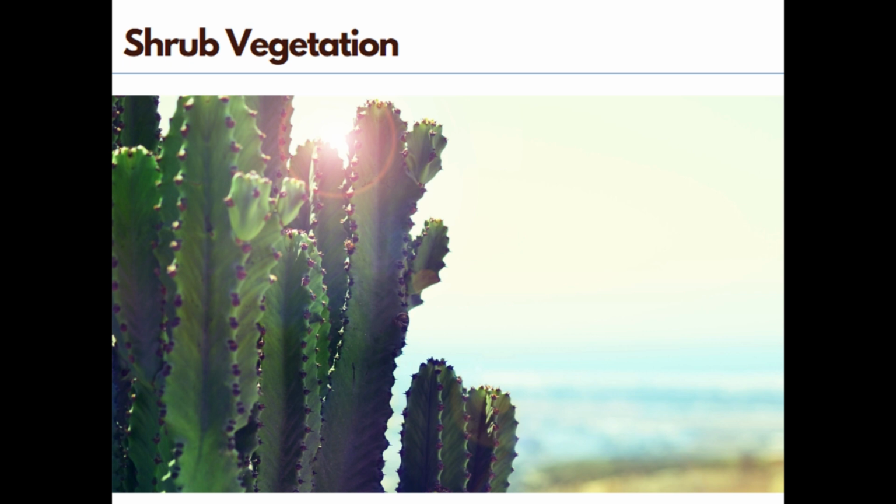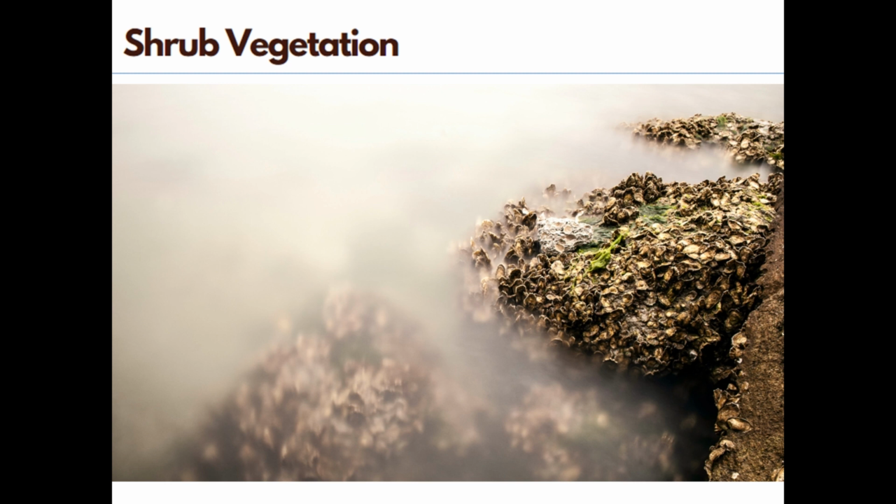Next comes shrub. It's the third natural vegetation. Thorny bushes are a good example of this vegetation, and they are found in desert-like areas. Tropical deserts are found on the western side of continents, and vegetation cover is less here due to scanty rain and hot weather conditions. Whereas polar regions are very cold and natural vegetation is limited here.